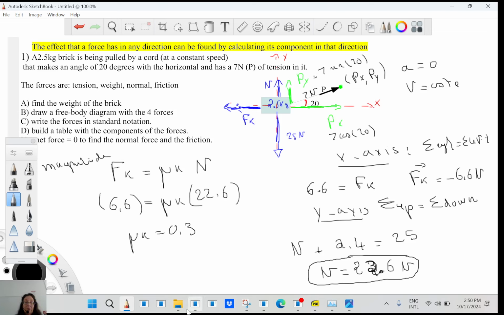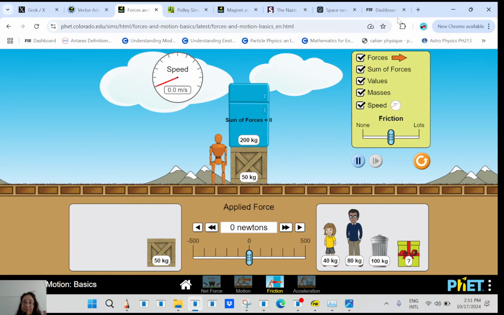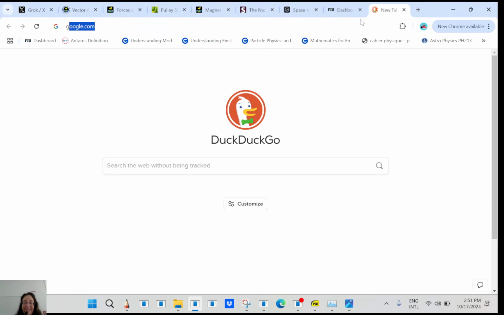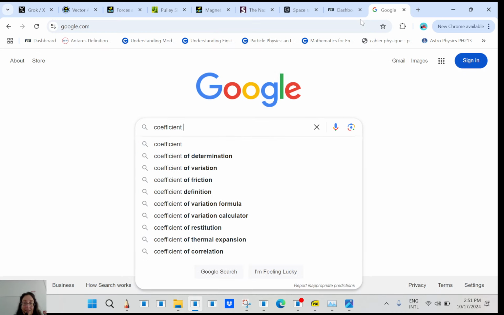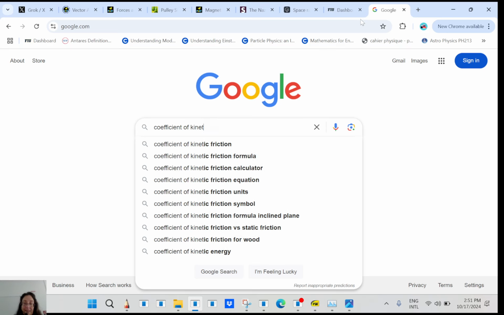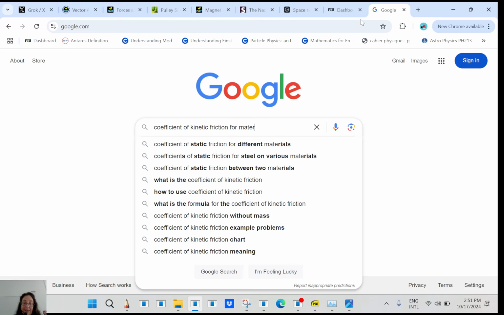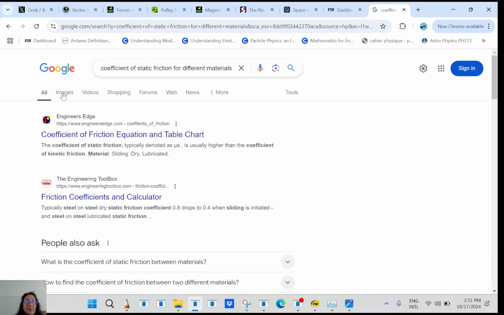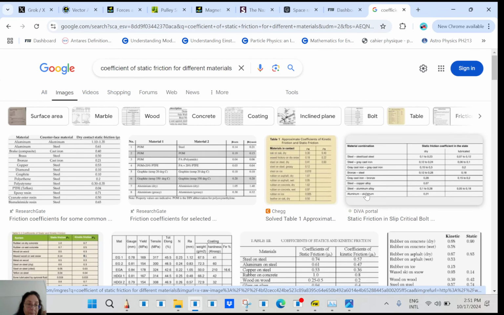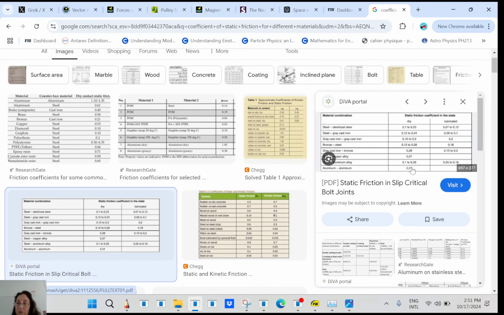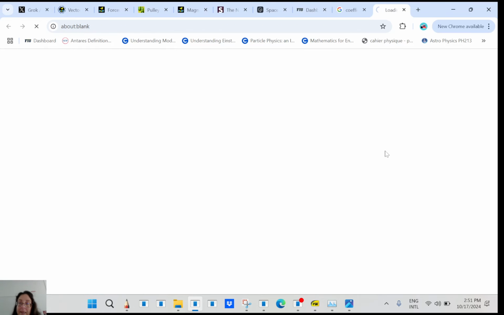Okay. Morality, don't make up things. I'm trying to see maybe 0.3.